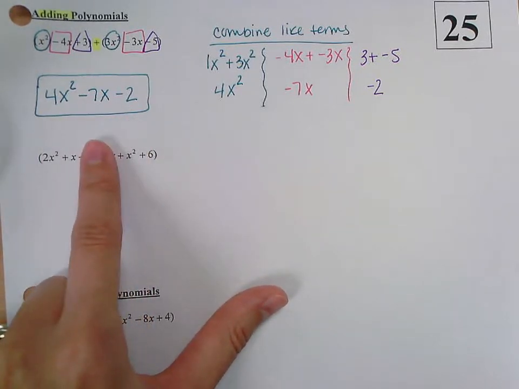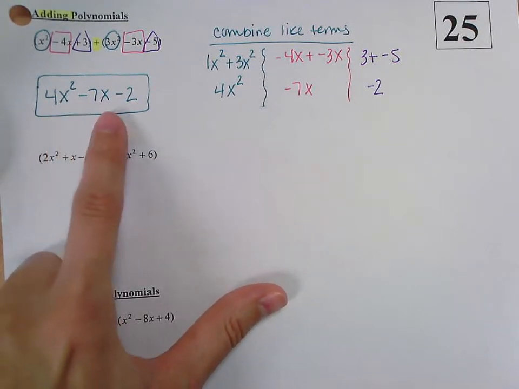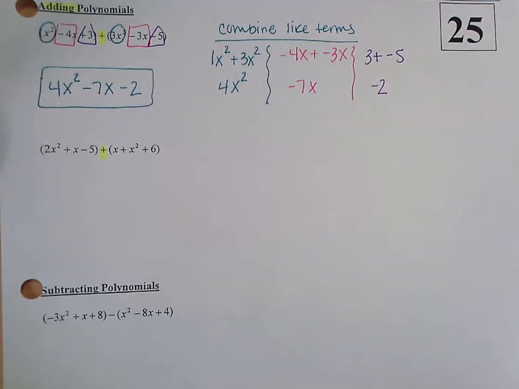What's the degree? 2. Highest exponent. So when you only have one variable, your degree is always going to be the highest exponent. Okay, you can think of it that way. We did have some problems yesterday that had more than one variable.